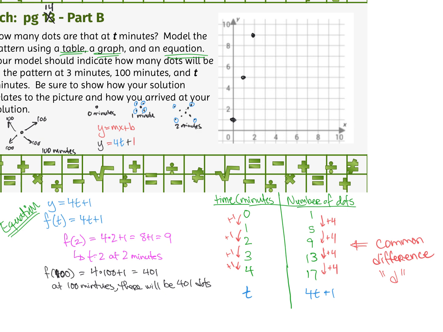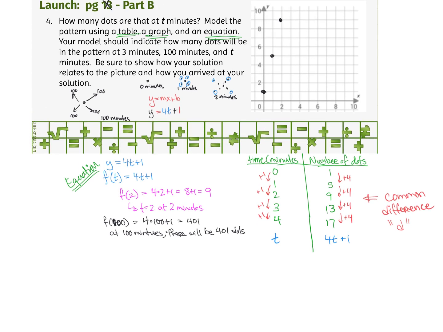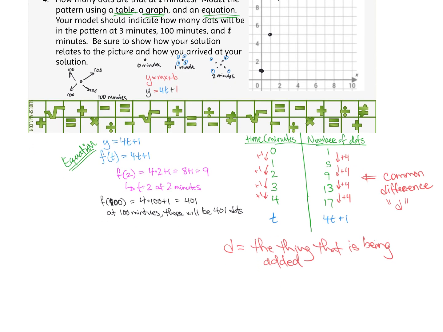When we're dealing with patterns, the D is considered the thing that is being added, and it's always being added. So how do we do a subtraction?